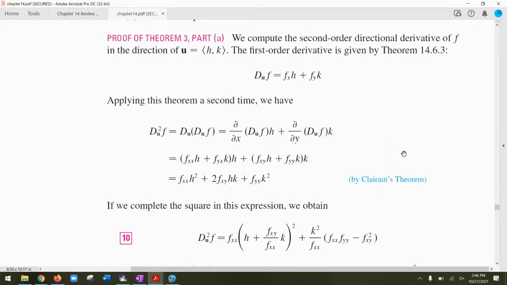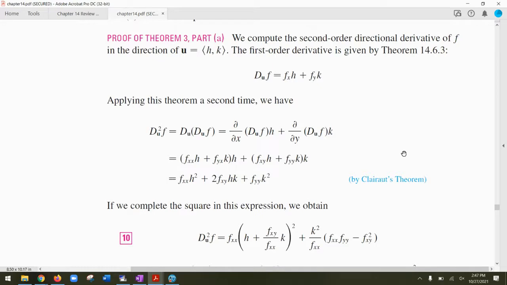At first we had fx and fy. Well, now we're just doing that again. fxx and fxx, I don't know, that doesn't make sense to me. You're taking the top derivative with respect to x and then the top derivative with respect to y. Good.